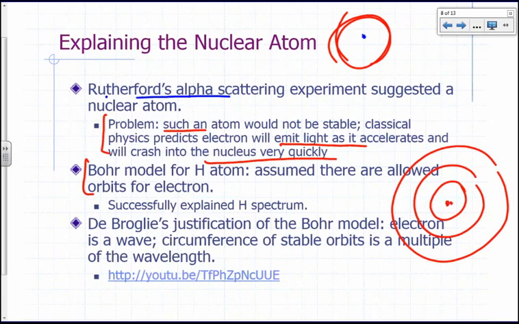Bohr basically suggested that there must be some specific orbits for the electron where for some reason it's allowed. And so Bohr's model was successfully used to explain, for example, the spectrum of the hydrogen atom. Based on these orbits, Bohr calculated what the energy of the electron would be, and then transitions from one allowed orbit to the other led to the correct prediction for the known spectrum of hydrogen. So that was one of the successes of the Bohr model.